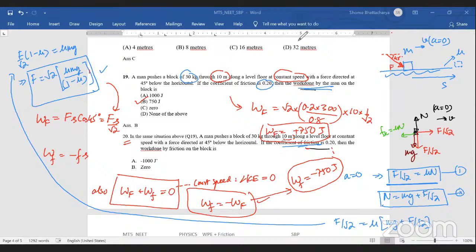Okay, so is the calculation clear, people? Anyone has a doubt, please let me know. Okay.